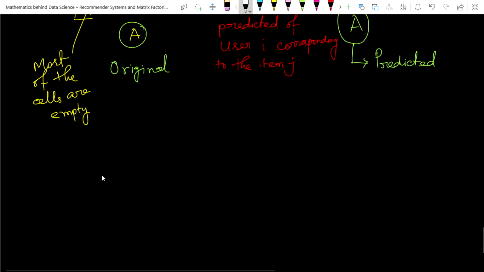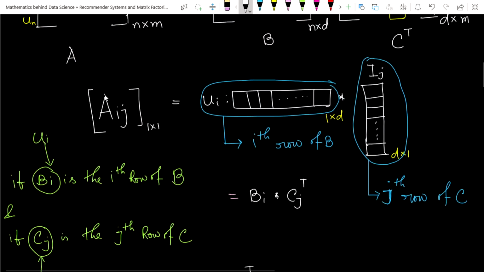to building a collaborative filtering recommendation system.